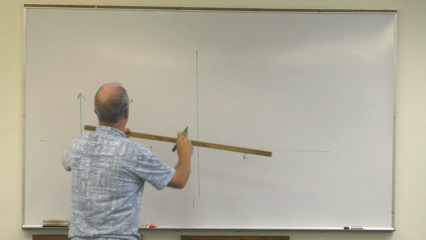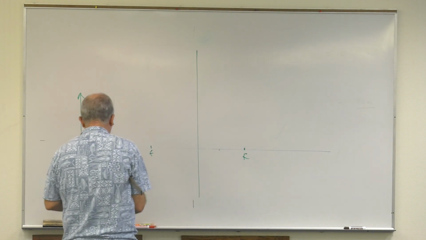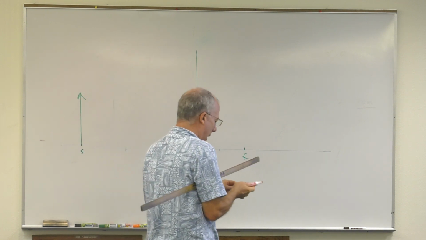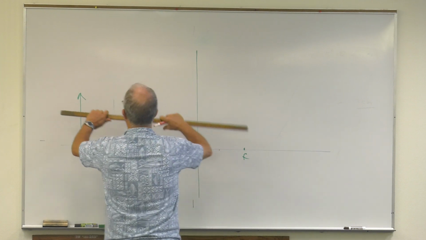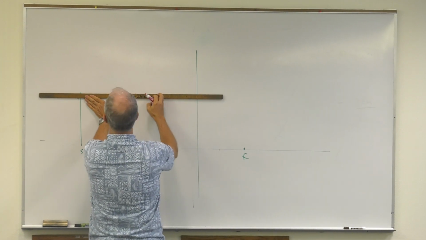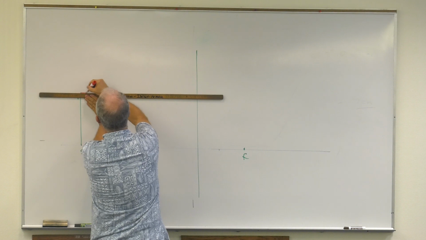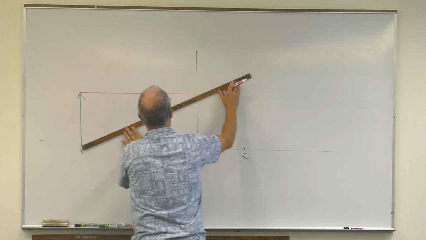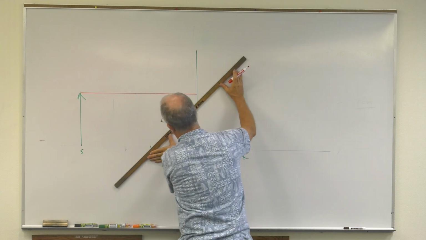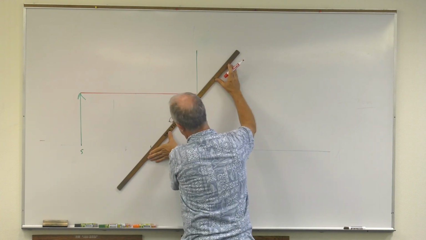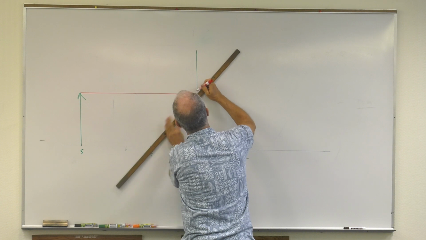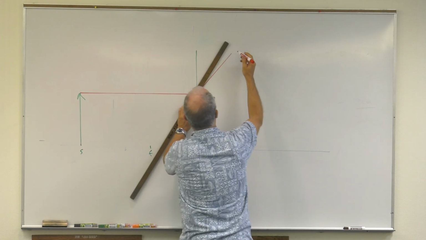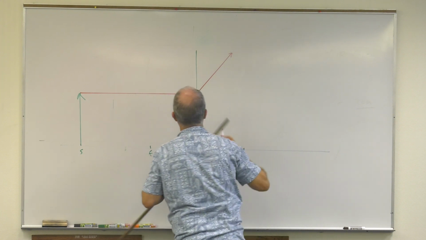All right, first one. Parallel in, focal out. Parallel in. Now it's diverging, so it's going to diverge, but focal out though. Okay, that's the first one.